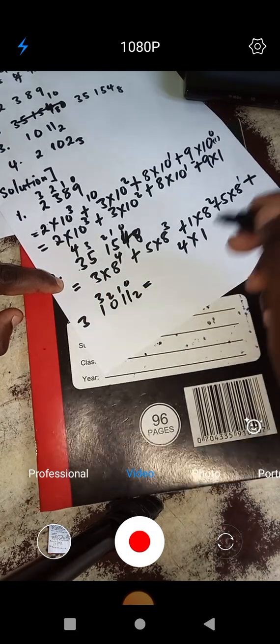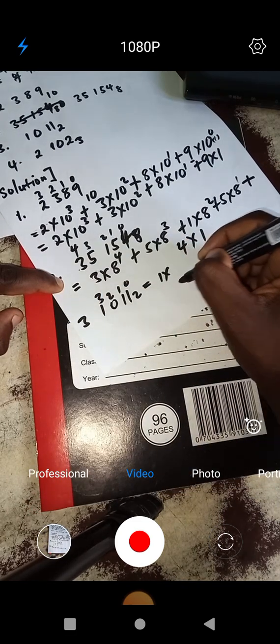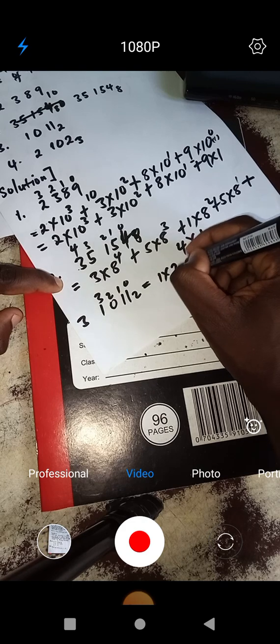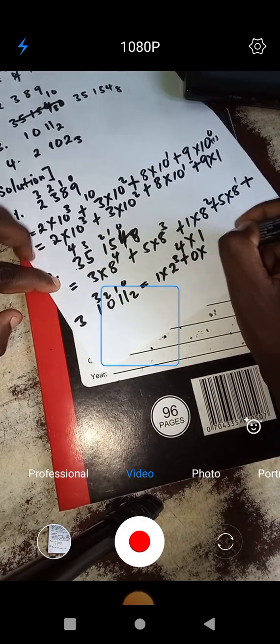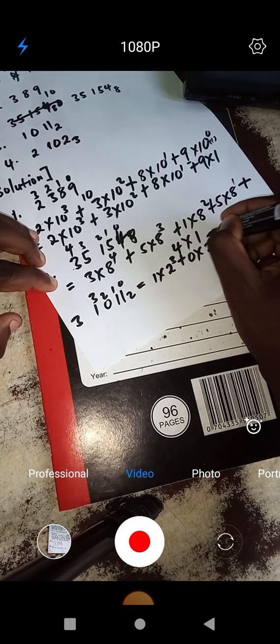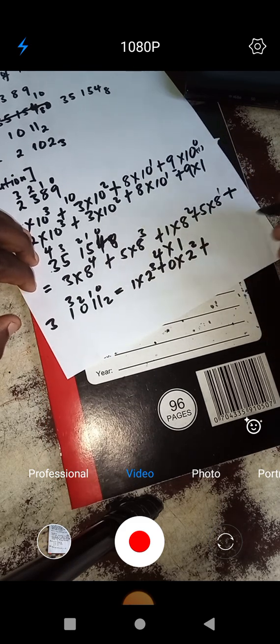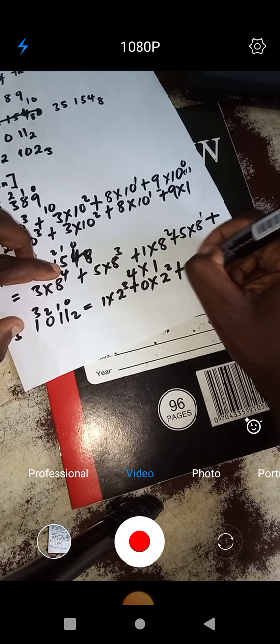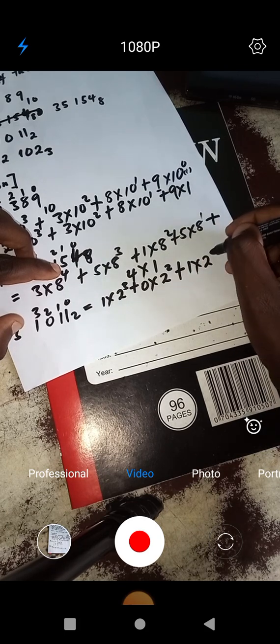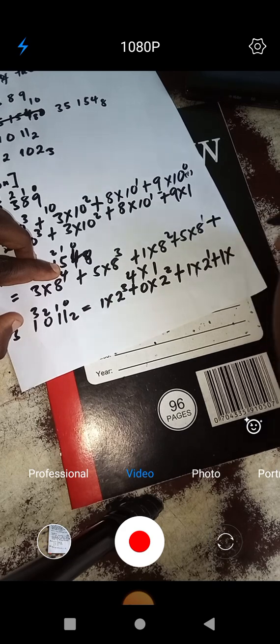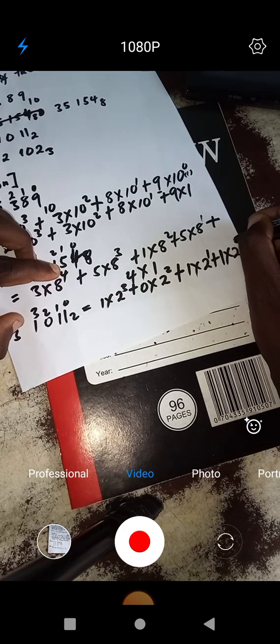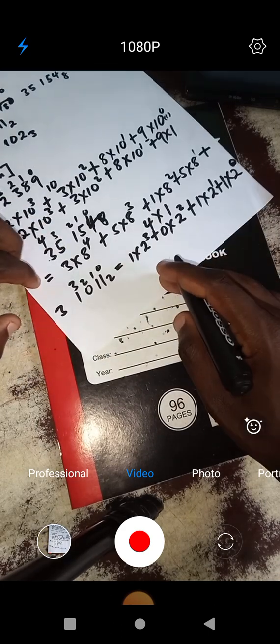This is equal to 1 times 2 to the power 3 plus 0 times 2 to the power 2 plus 1 times 2 to the power 1 plus 1 times 2 to the power 0, right?